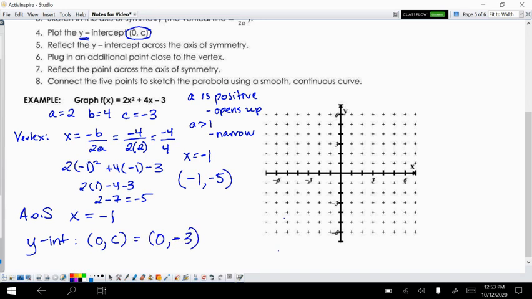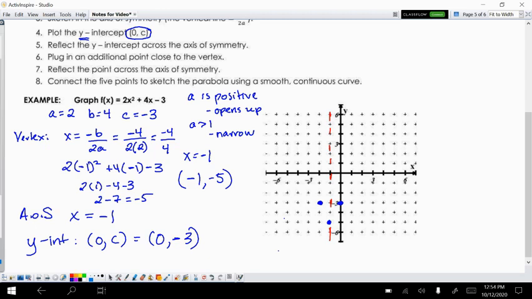We have the vertex at -1, -5. We have the y-intercept at 0, -3. And we also know that our axis of symmetry would come down right here through the vertex. And because that creates a mirror image, I'm going to go ahead and reflect the y-intercept on the other side of the axis of symmetry.